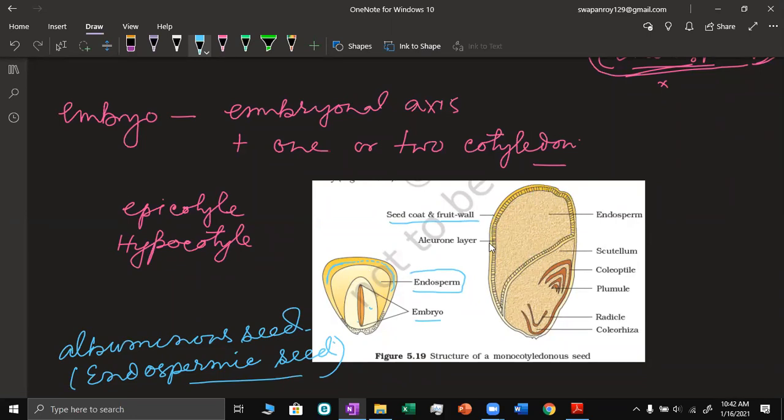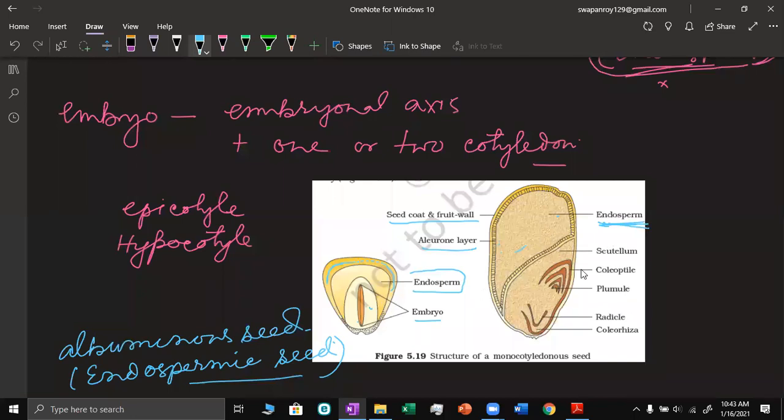This is the outer layer, and just below this there is a proteinaceous layer known as aleurone layer. This is an important proteinaceous layer. This one is around the endosperm, and the major portion, this part, is the endosperm.